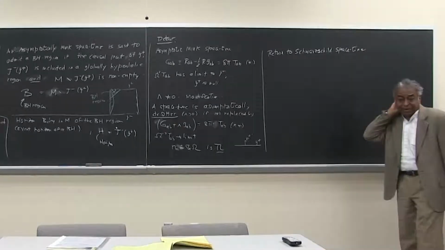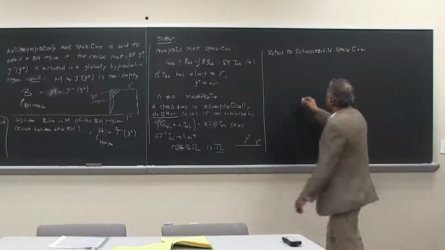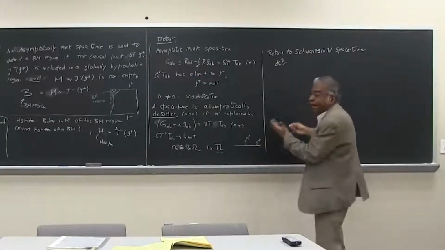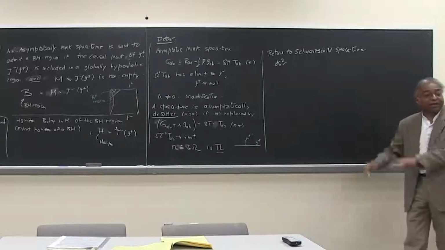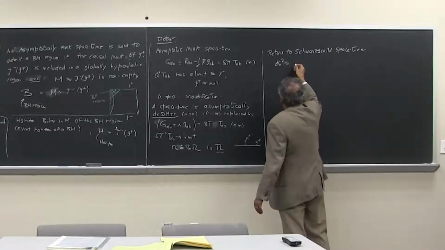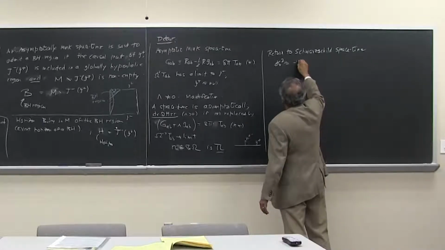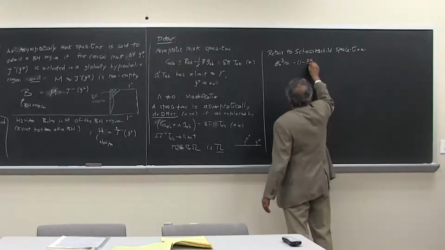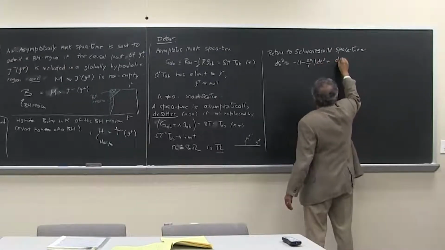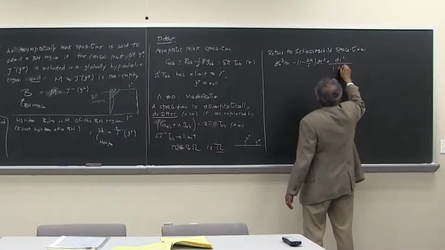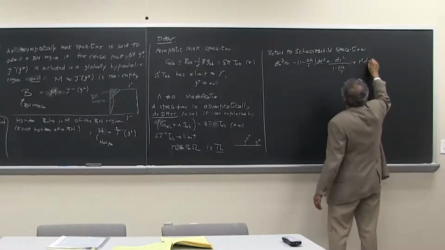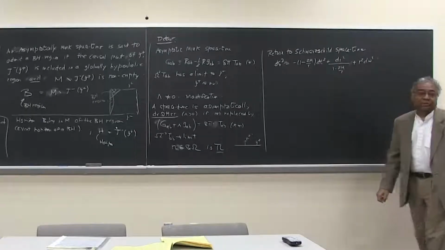Remember that the full 4-dimensional metric in region 1, the asymptotic region from which we begin, in the Schwarzschild coordinates is minus (1 minus 2GM over r) dt squared plus dr squared over (1 minus 2GM over r) plus r squared d omega squared. So that's what we got up here.